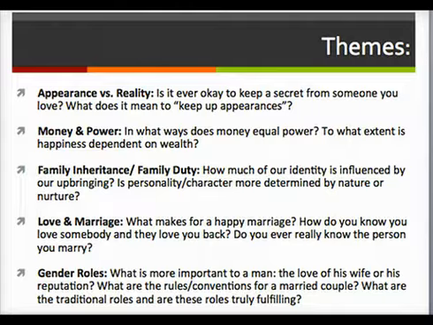The second theme is money and power. So in what ways does money equal power? To what extent is happiness dependent on wealth? So for this family, Nora and Helmer and their children, they are looking forward to more wealth in the new year. The play takes place at Christmas time, and they are looking forward to a new year and Helmer's promotion.